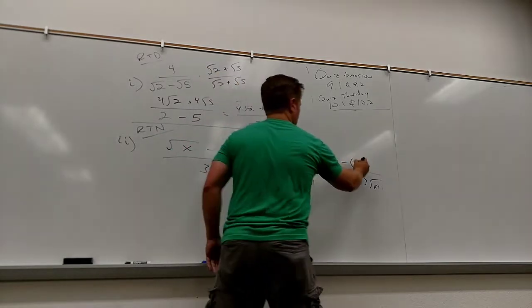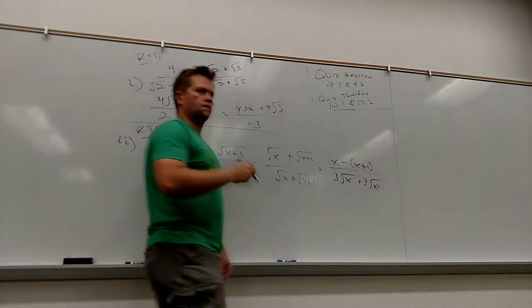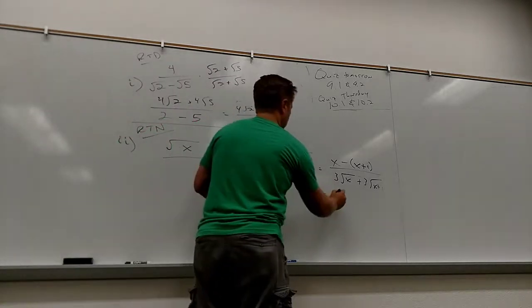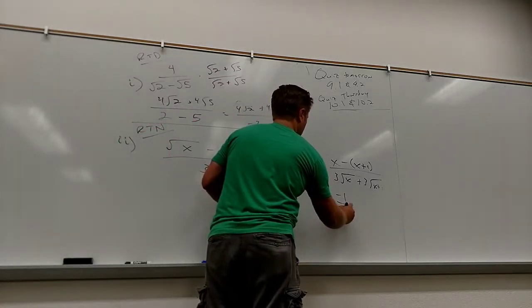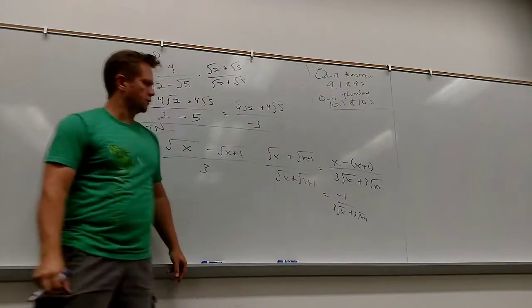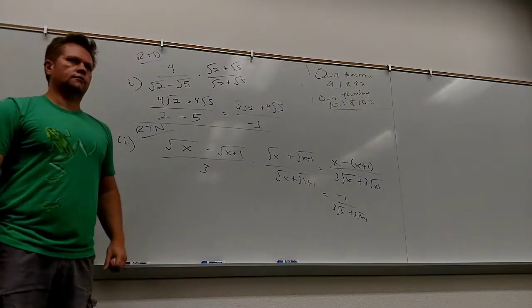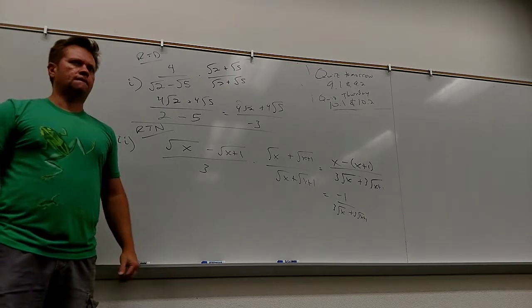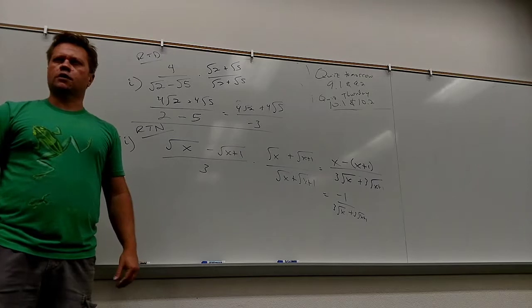X plus 1. So you get negative 1 over 3 rad x plus 3 rad x plus 1. Nifty.